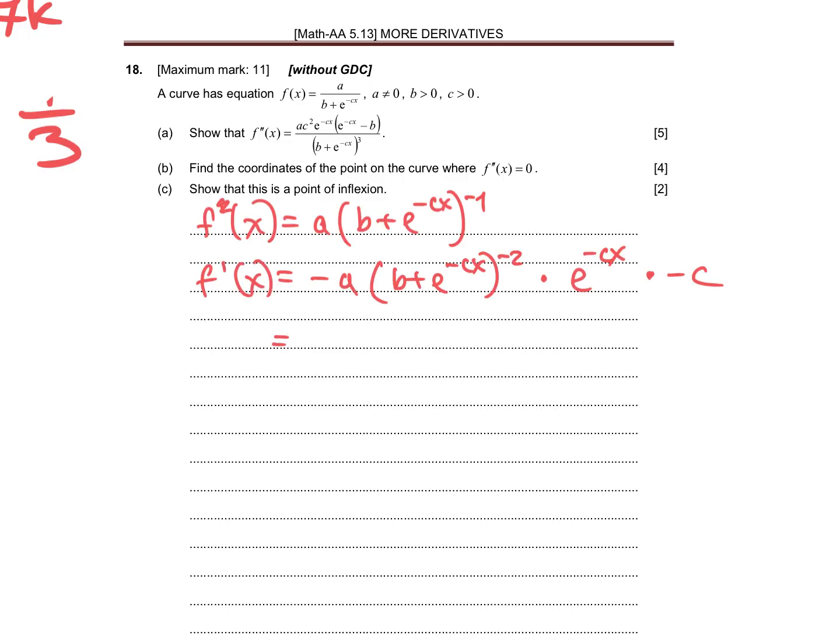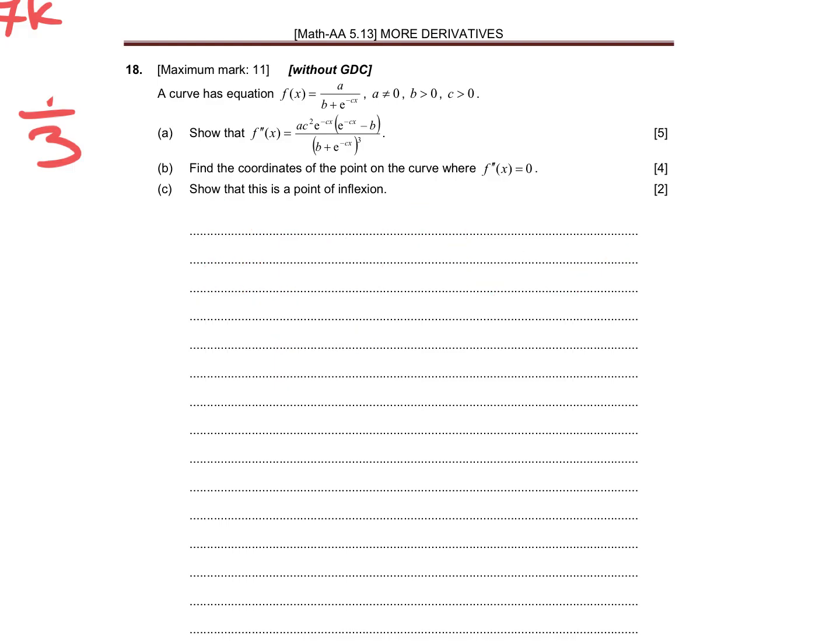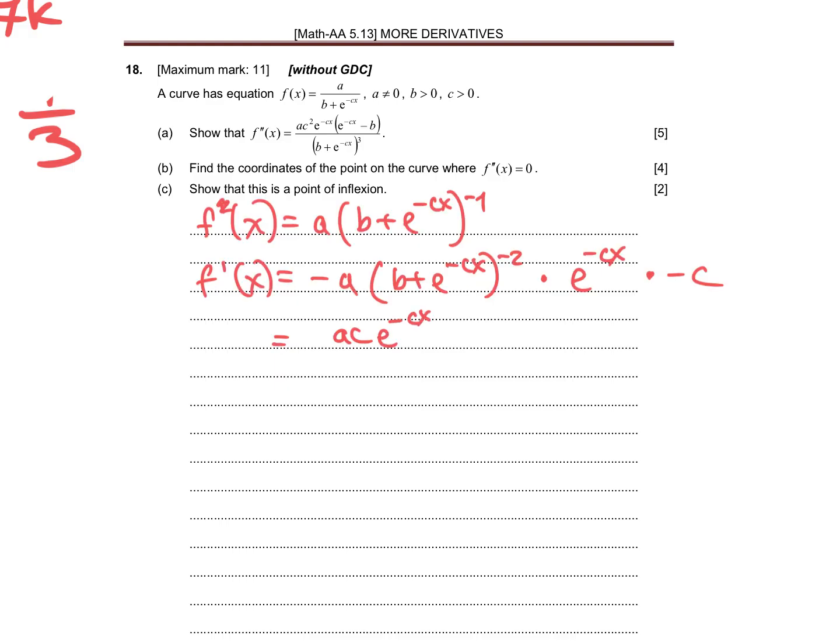So if we make that look a bit nicer, that's going to be positive ac e to the negative cx over b plus e to the negative cx squared.